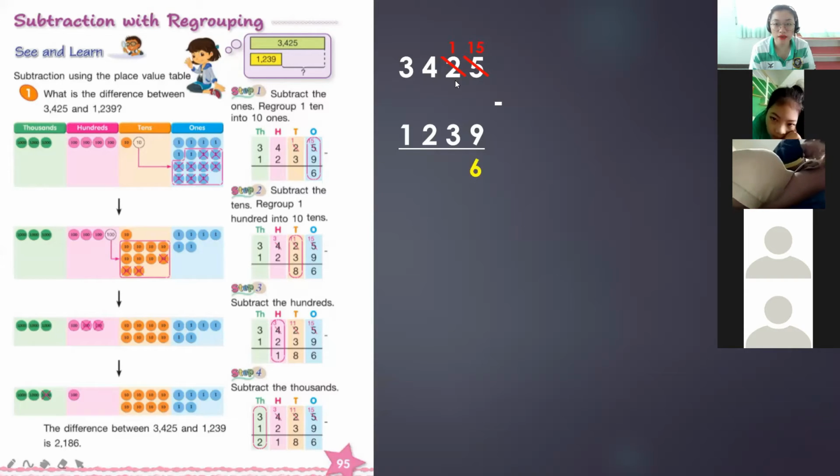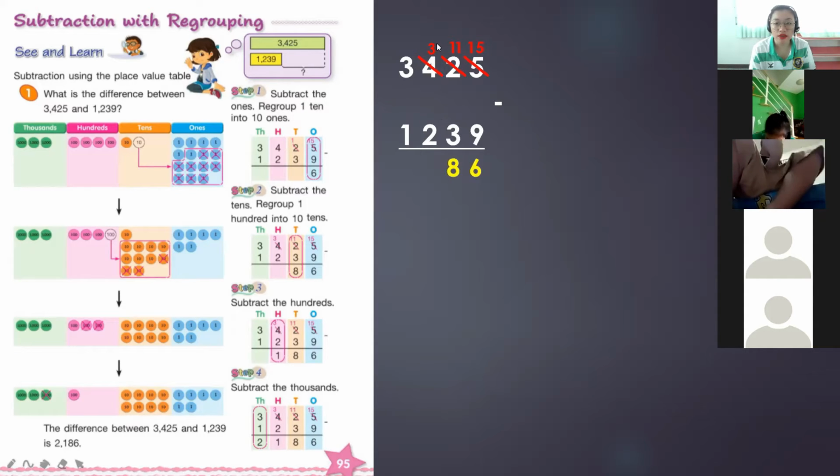Again, in the tens place, 1 is smaller than 3. So we're going to borrow again from the number 4. This will become 3, and 1 will become 11. So 11 minus 3 is equal to 8.